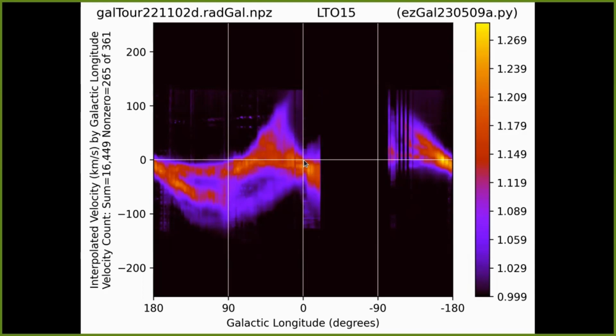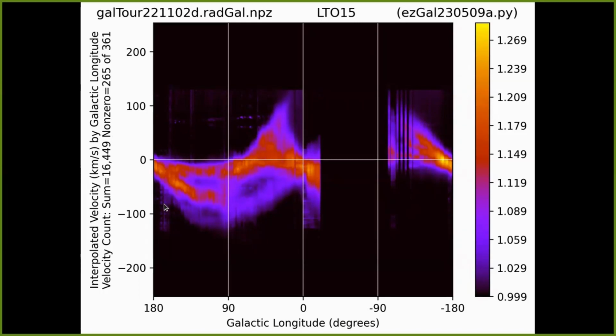Again, on the 0 through 90, we see a great big triangle of positive velocity. From 0 through 180 degrees galactic longitude, we can see these large arches underneath displayed.